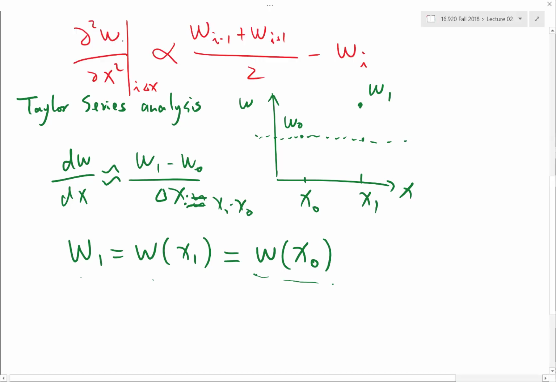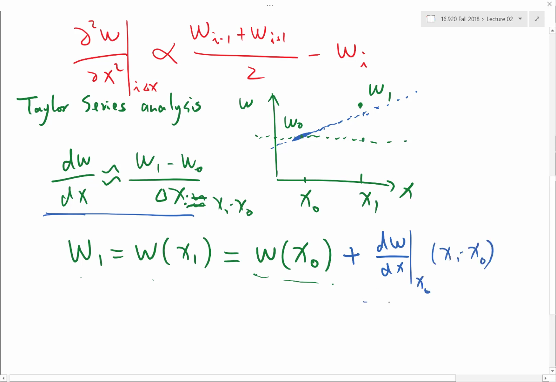The way to improve on that is to use this intuition, right? If I know the first order derivative of w at x0, I can approximate the value w1. If I know the first order derivative of the function over here, I can basically linearly extrapolate. The value w1 can be approximated by this term plus a blue term, that is the derivative of w at x0 times (x1 minus x0).